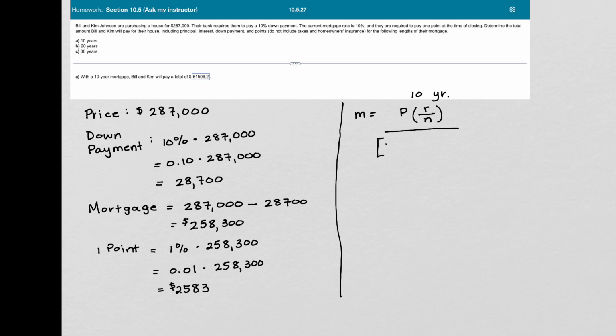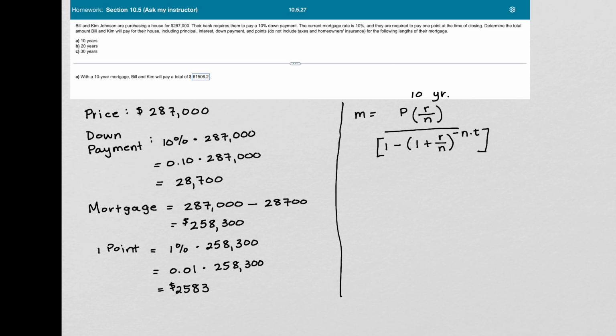And we're going to put that over 1 minus, open parenthesis, 1 plus r over n, and that's raised to the negative n times t, where t is going to be the amount of time for the mortgage. So t is the value that's going to change for each of these 3 terms.